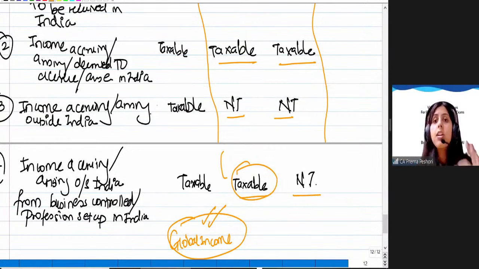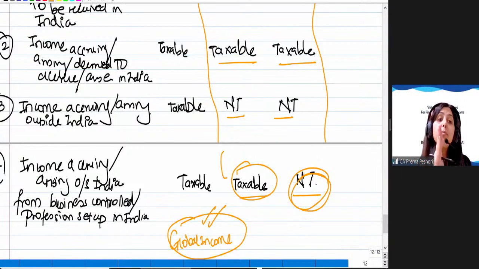Because, as I said, individuals having income more than 15 lakhs were trying to manage their stay, and even though they were controlling their businesses from India, they were managing their stay in such a way that they were becoming non-resident, and hence their income in this fourth category was becoming not taxable. So business was carried on outside India, but it was managed or controlled from India.